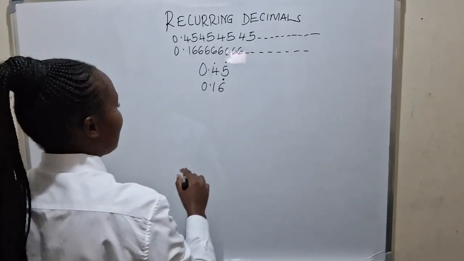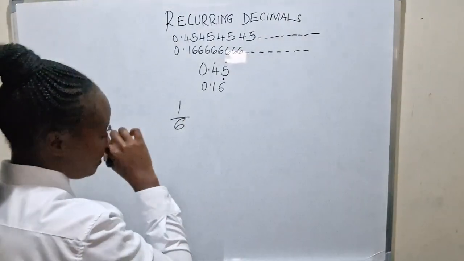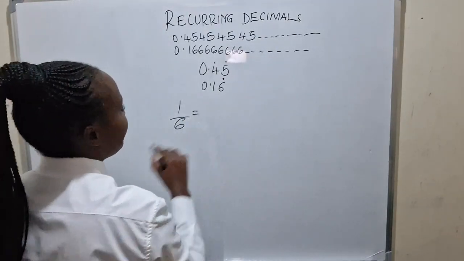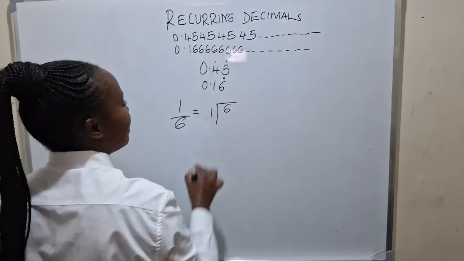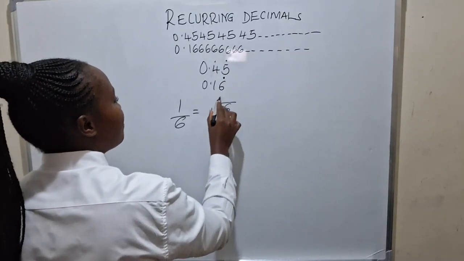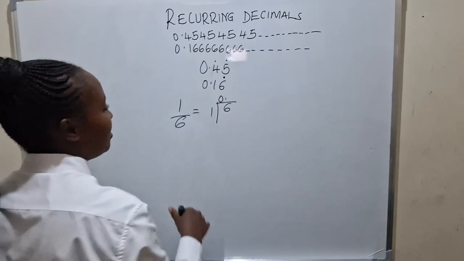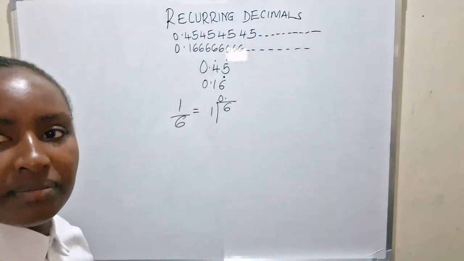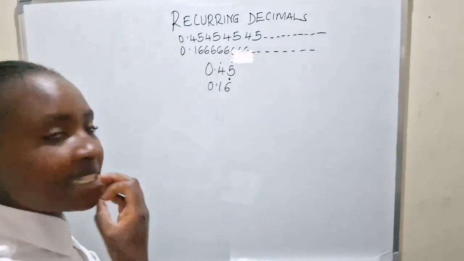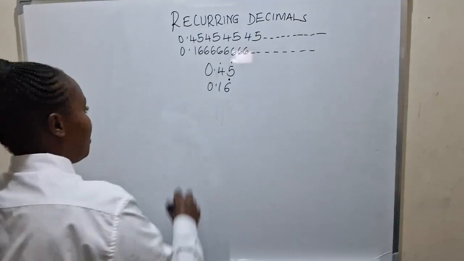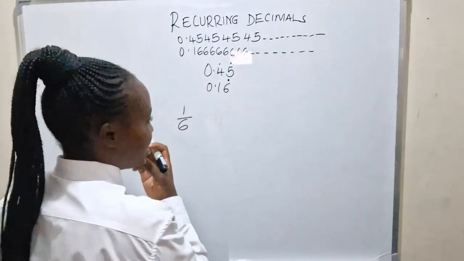Okay, so assume that we are given 1/6 and you're supposed to convert it to a decimal.